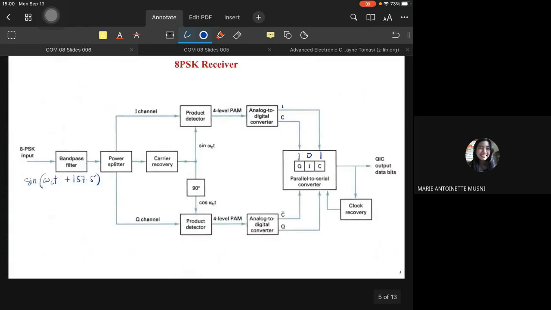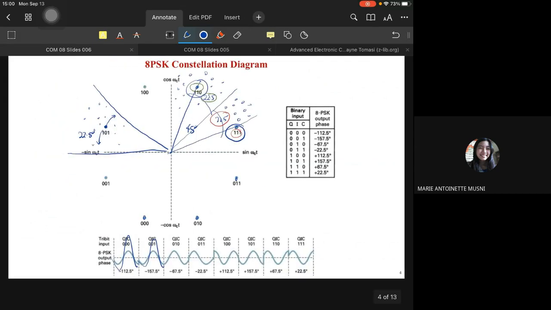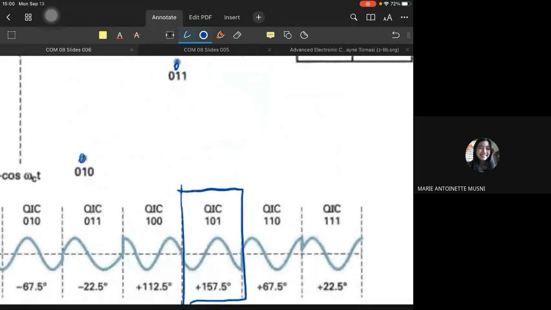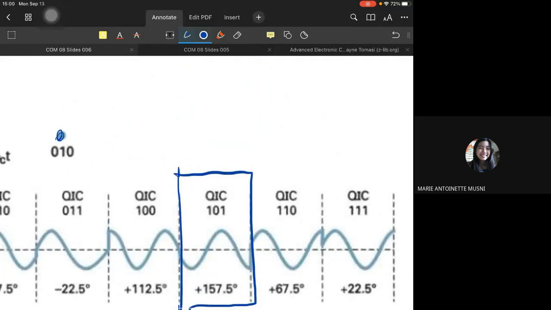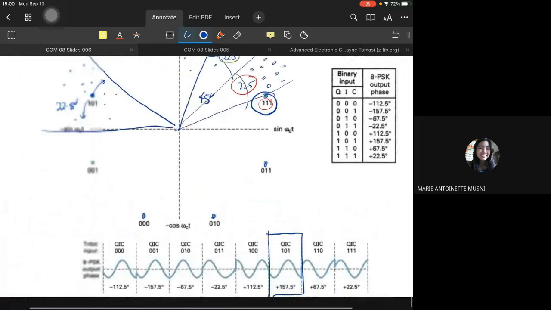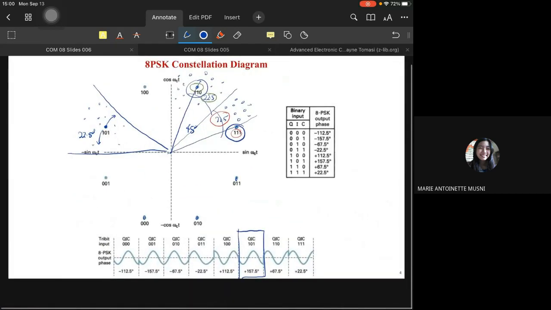But in terms of concept, you understand. So what we solved earlier is just one of these 8, so 101, it's this one. What we solved is the signal that we generate. It's just one of the 8 symbols possible for 8 PSK.